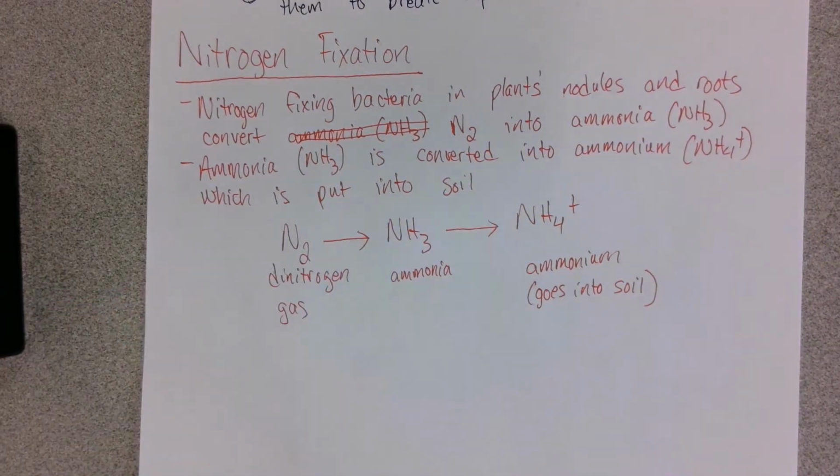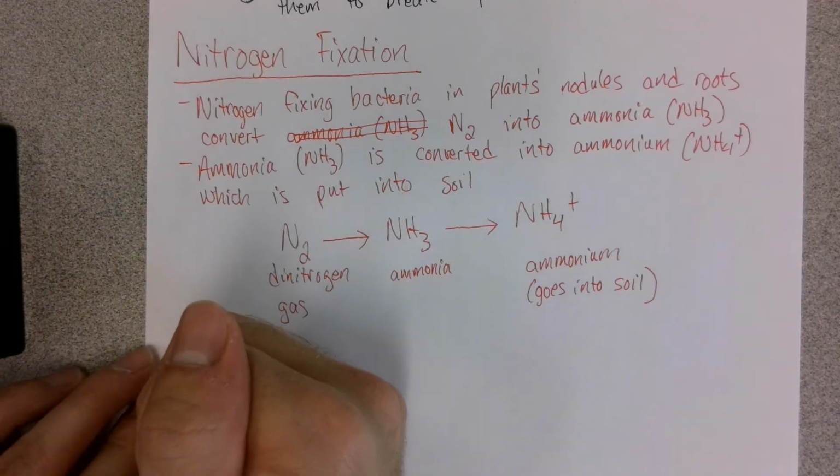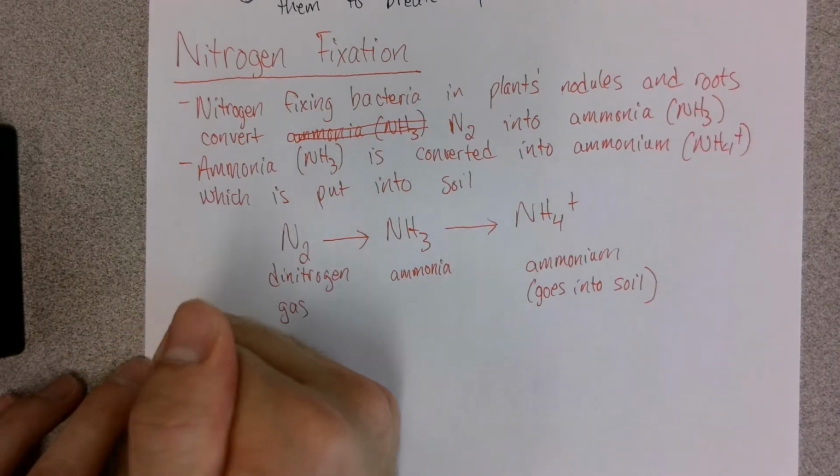Bacteria in the soil are going to convert the ammonium into nitrite and then into nitrate. The next process we need to talk about is called nitrification.